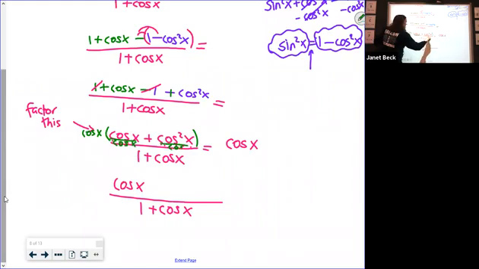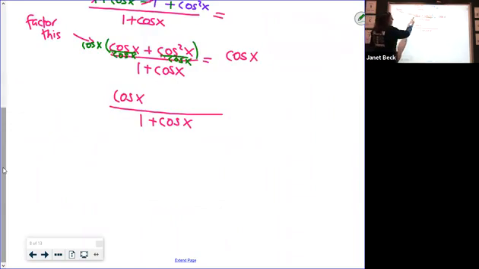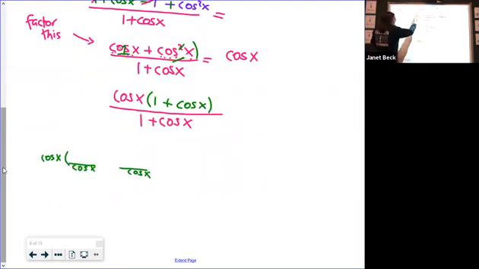Now you don't have to write that bit out that I've written in green, but some of you aren't really great at factoring, so hopefully that's helped. This turns into the number 1. This turns into cos x. I really would prefer it if you didn't do all that stuff that I did in green, if you can just think through that.